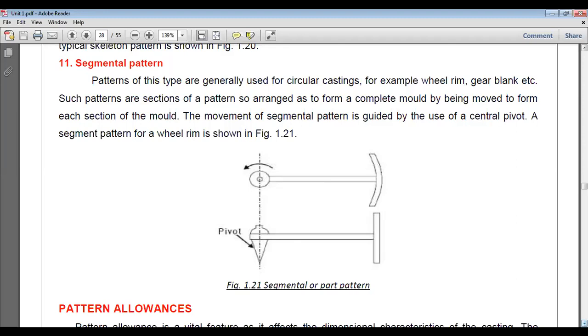So there is a central pivot, a central axis about which the segmental pattern is rotated, and this way it completes making a mold.